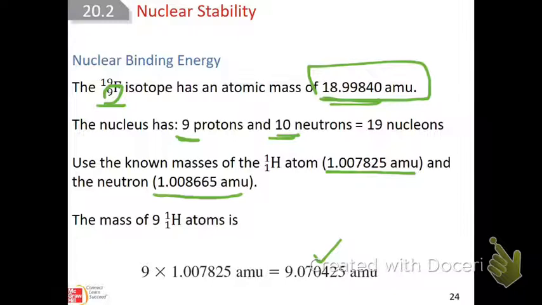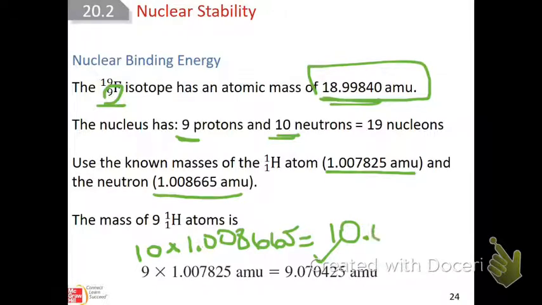So if you had 10 times that, 1.008665, you're just going to move that decimal. That equals 10.08665 AMU.